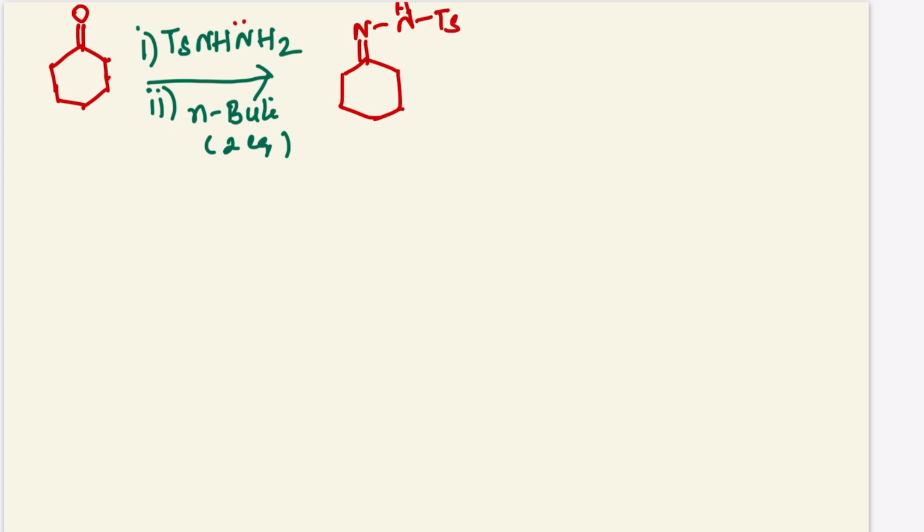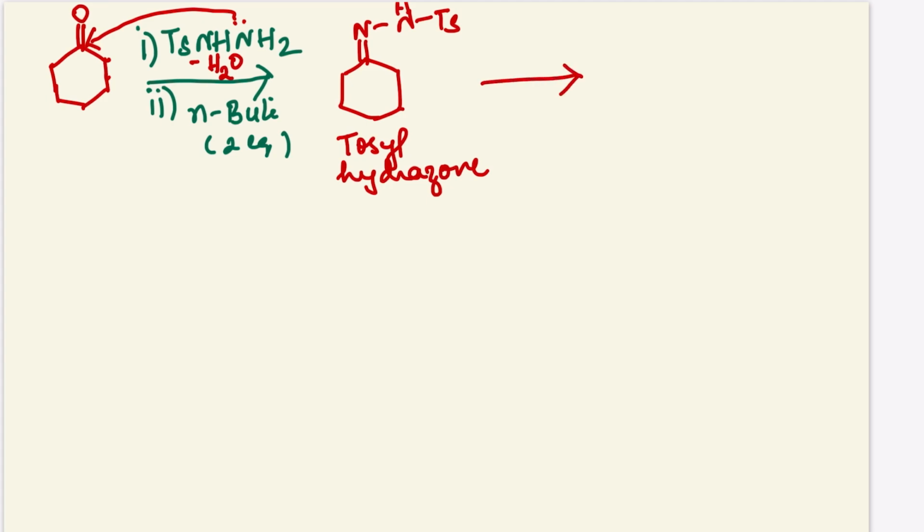The lone pair of electrons will attack the electrophilic carbon center, water is removed, and we get a tosyl hydrazone. On this tosyl hydrazone, two equivalents of n-butyl lithium will act and we get an alkene.